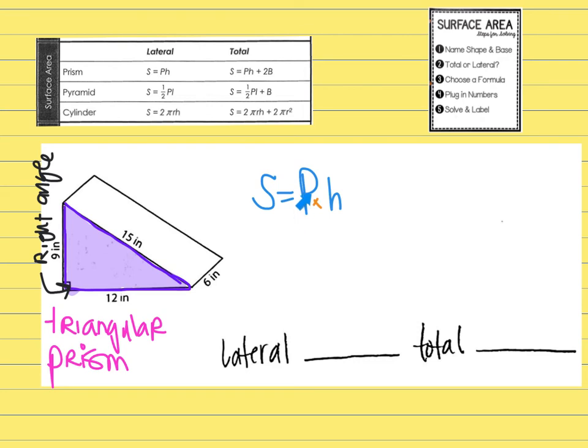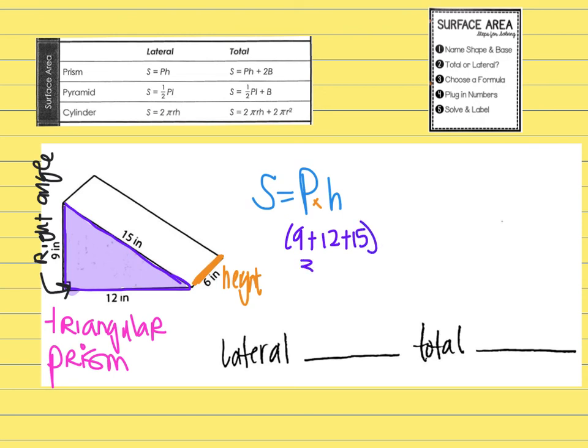Again, the formula says capital P, do the perimeter of the base, and then multiply it by the height. Now the other base we can't really see, but this line that's connecting the front to the back would be my height of the entire prism. Okay? So the numbers on the triangle are 9 plus 12 plus 15.